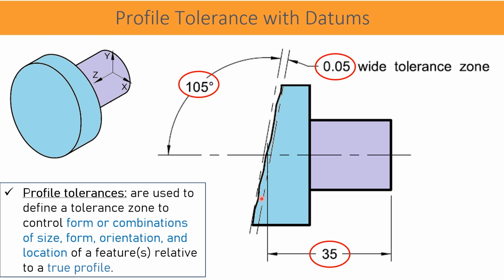In this given example, suppose we want to control this inclined surface for location and orientation combined with the form tolerance within a 0.05 wide tolerance zone as shown in this figure. To locate the surface, the nominal dimension given is 35 from this end of the surface, and to orient it with respect to the axis of the cylinder, a 105 degree angular dimension is applied.